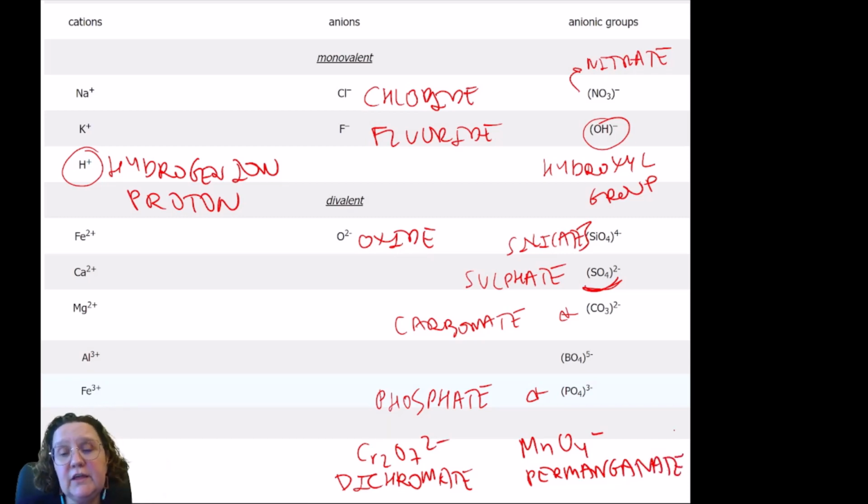The reason why I think it is worth remembering is that the compounds potassium dichromate and potassium permanganate, the potassium salts, are particularly common as oxidizing agents in the lab. So you will probably be using them quite a lot, or you probably have already used them quite a lot in the lab, and definitely this year and in years to come. So it's worth being familiar with the structure and the name so it doesn't surprise you when you're working in the lab.